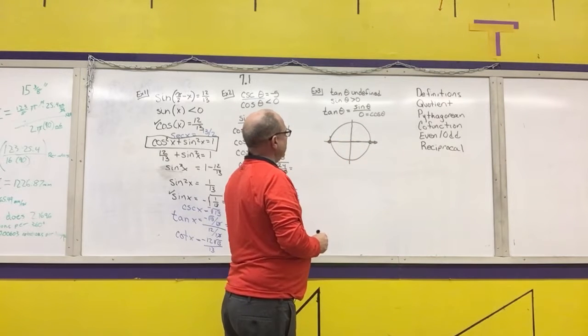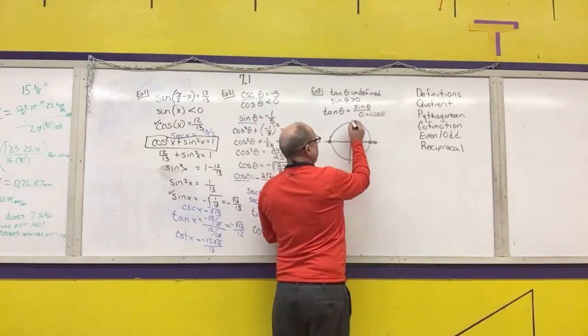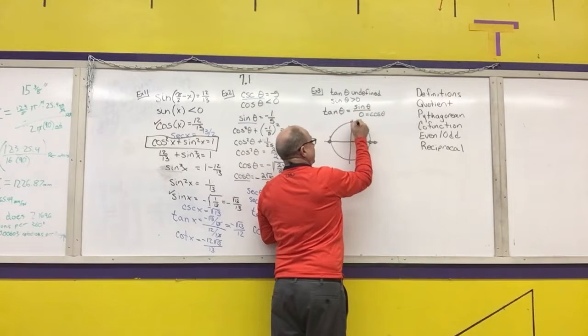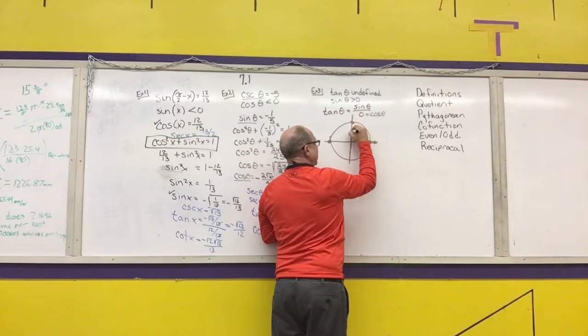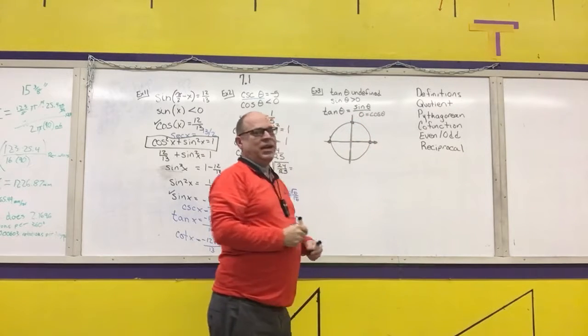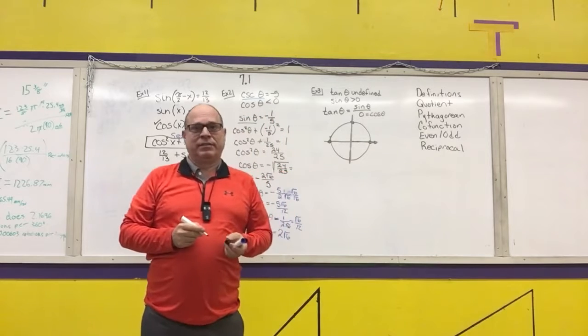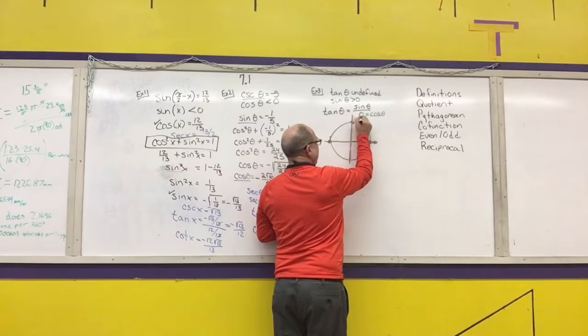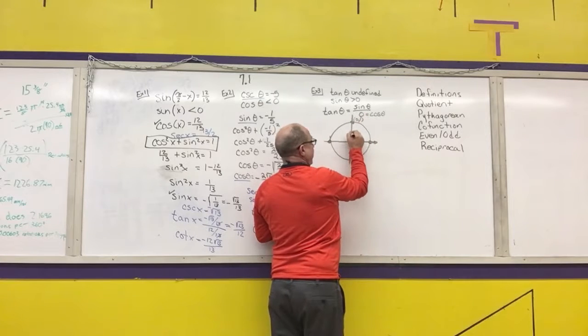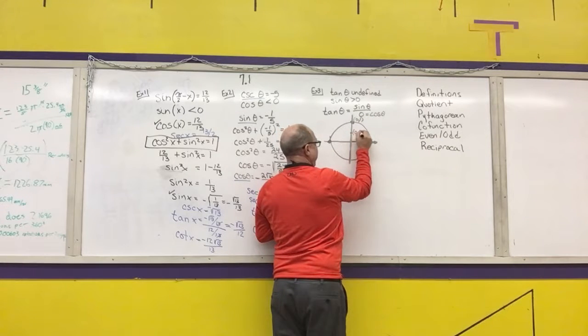So, actually, wrong. Cosine is 0 anywhere along the y-axis. So I can pick any point along that y-axis, and I'm going to pick the unit circle point where this is 0, 1.